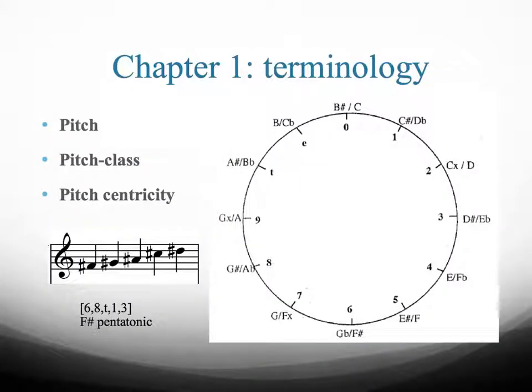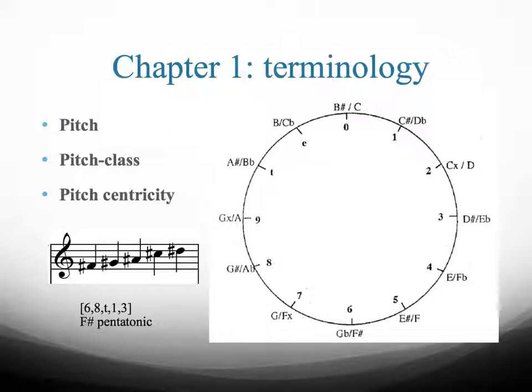First, we will introduce you to the basic terminology associated with the post-tonal approach. Pitch refers to the specific frequency or register of a given pitch, while pitch class reduces it to a single integer related by octave and enharmonic equivalence.